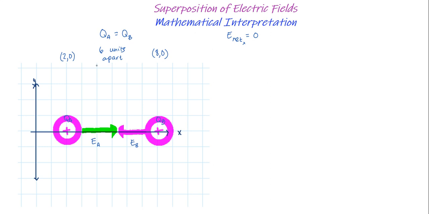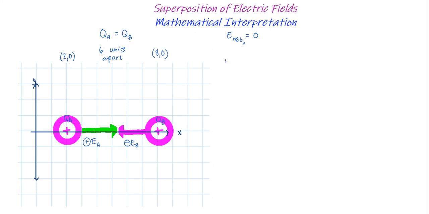When we are looking at electric field vectors, we remember that vectors have an orientation or a direction associated with them. So I'm going to use the traditional coordinate system, and I'll say that EA is a positive vector and EB is a negative vector. Because of this, when I add the two vectors together, it actually ends up with me subtracting them from one another.